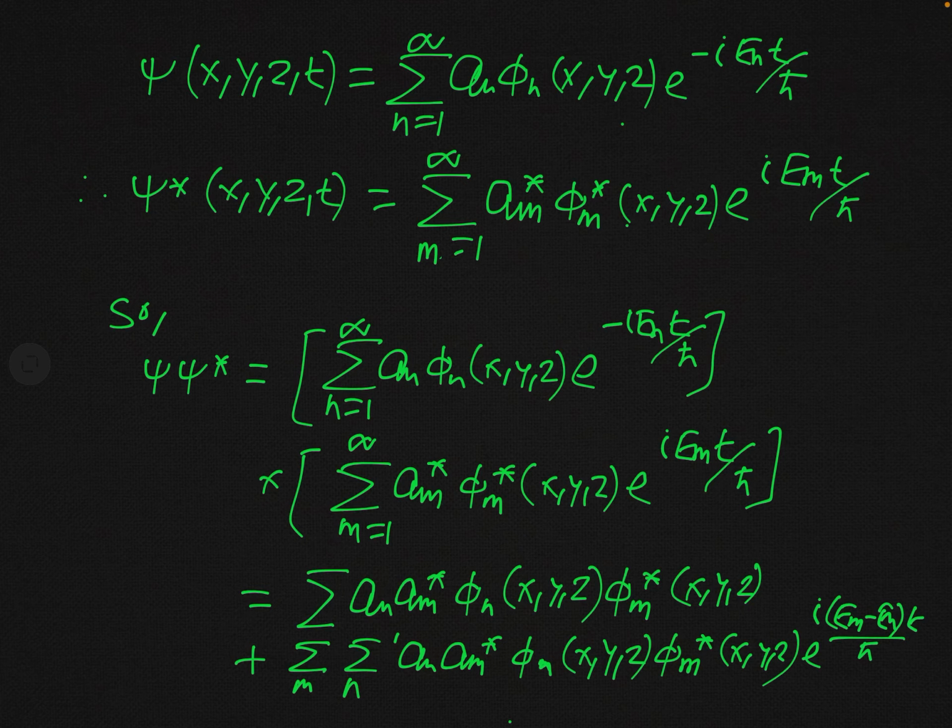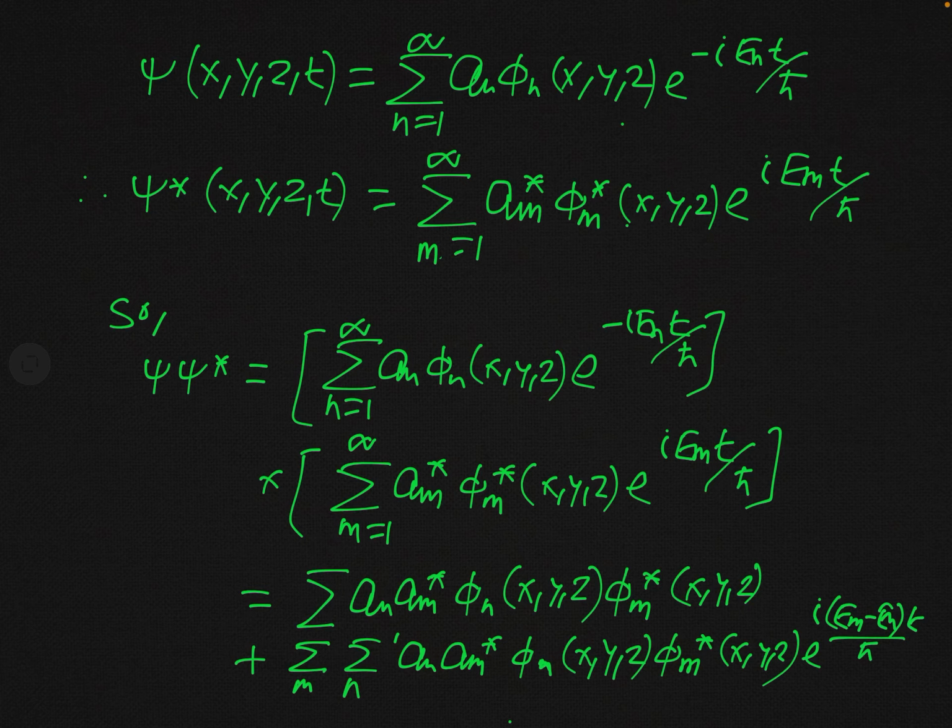So why have I taken this primed symbol here? I am just again explaining that the prime on the double summation indicates that the terms with m equal to n are excluded. And as you know, time enters in the probability function, so the general solution is not a stationary state solution.